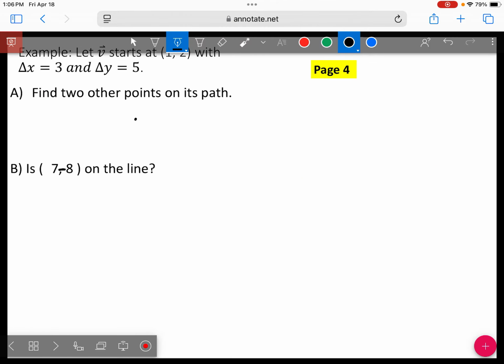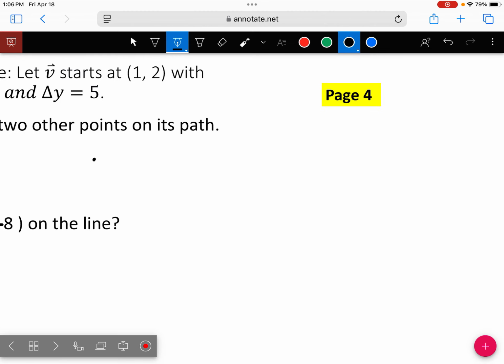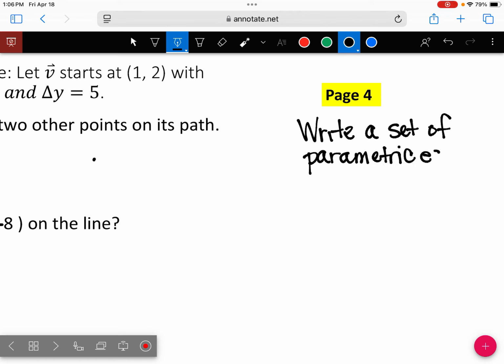So you all have a things to know box. Does everybody see that things to know box? So this is a formula. Ding, ding, ding. It's another formula. How do you write a set of equations? So we're going to write a set of parametric equations. Where do I write this? Inside that box? And you don't have to write all this down, but this is in that things to know box.